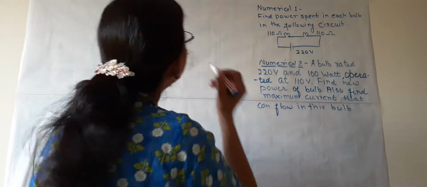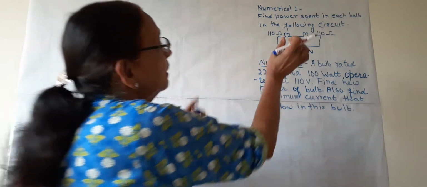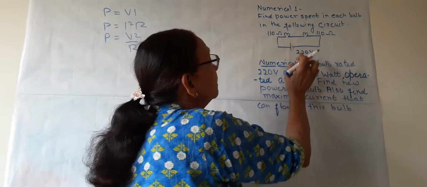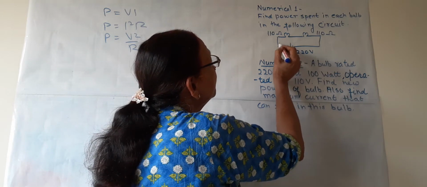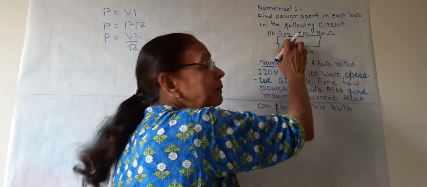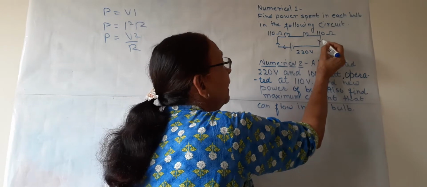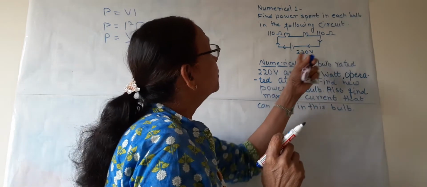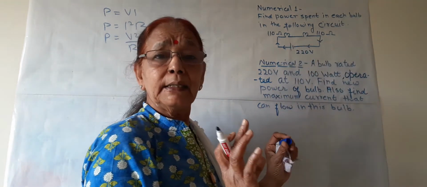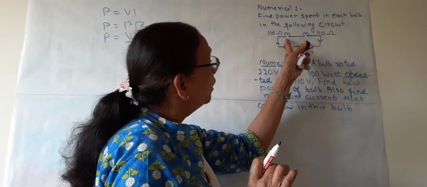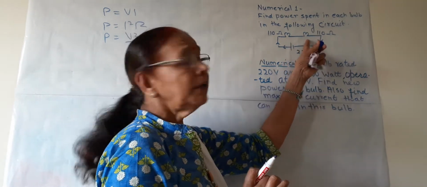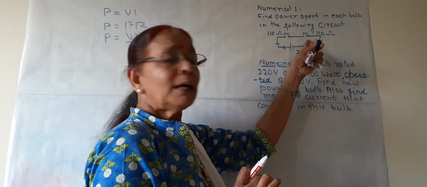In series, the current is the same. The current which is flowing from the battery goes to this bulb, and then to this bulb, and then it comes back. So in series connection, current is common, but the voltage or PD is different across both the bulbs.